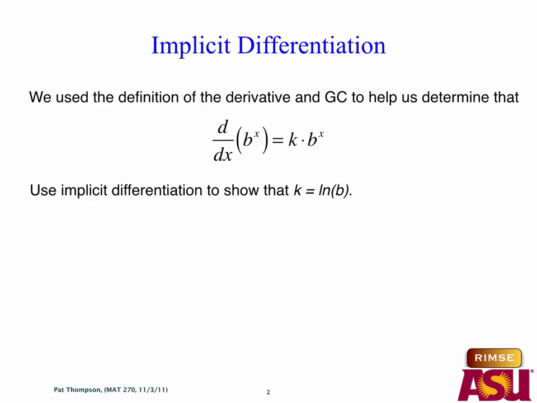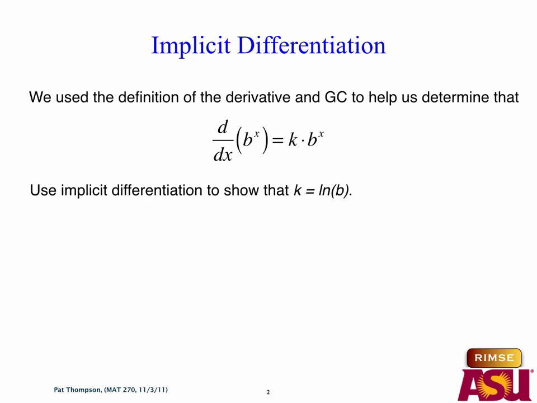So I just want to show you one thing that it can do for us. We had used the definition of the derivative and a graphing calculator to help us decide that the derivative of something of the form b to the x was a constant times b to the x. But some of you were a little dissatisfied because we never actually figured out explicitly what that constant was.